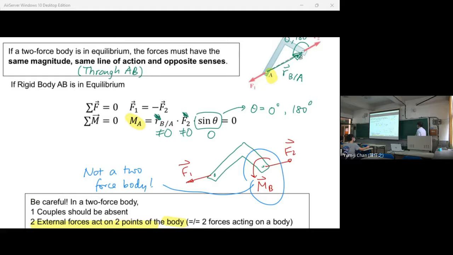For a two-force body, we only have forces acting on the body. We do not have moments.